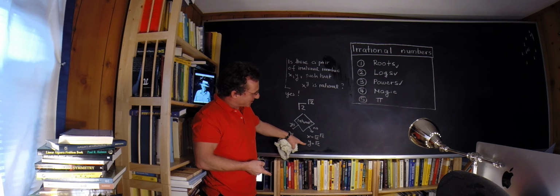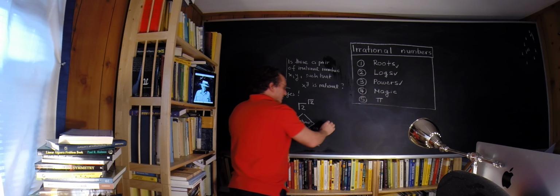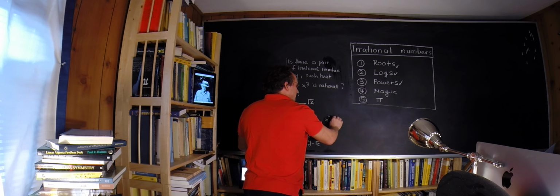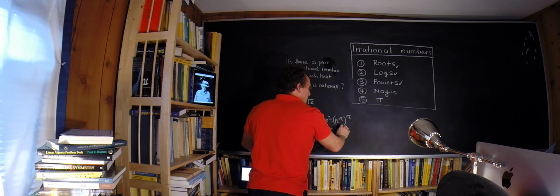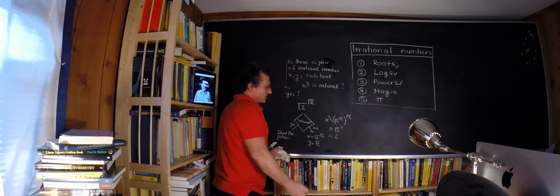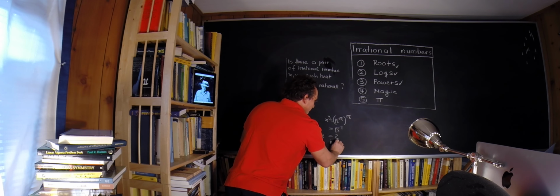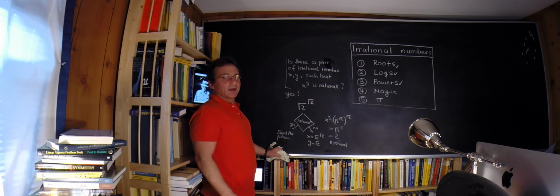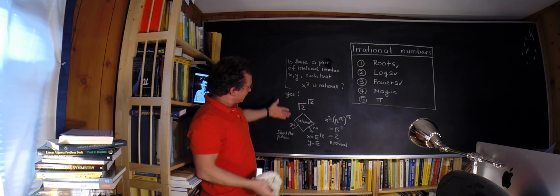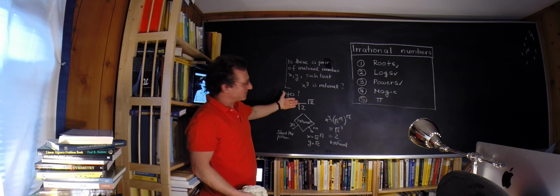Then x to the y is square root 2 to the power square root 2 to the power square root 2, which is square root 2 to the square root 2 squared, which is square root 2 to the 2, which is 2, which is rational.